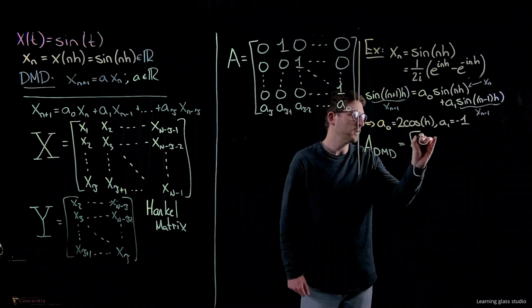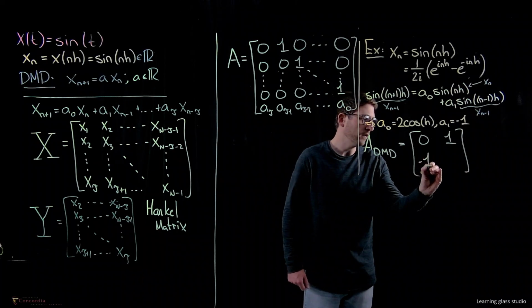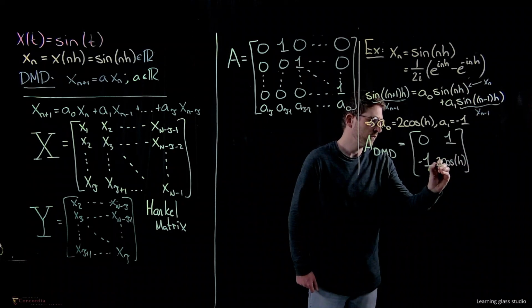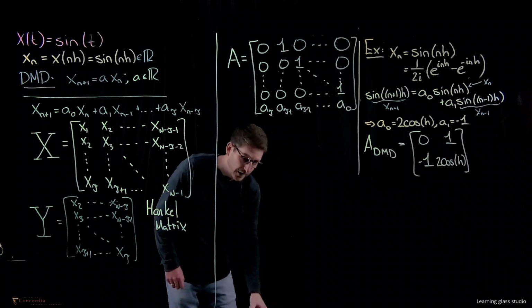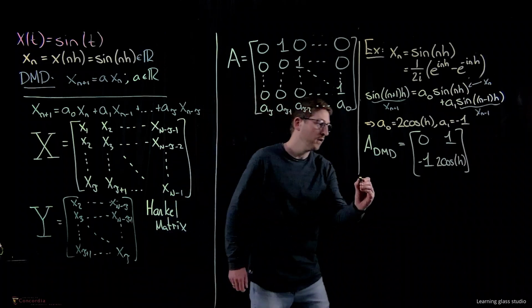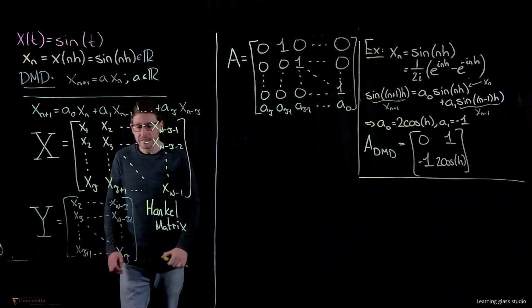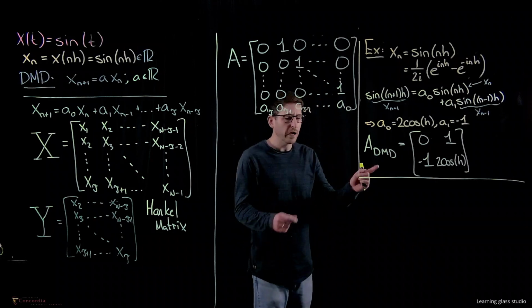It goes 0, 1, and then minus 1, 2 cos of h. The important thing to notice here is it doesn't matter the sampling rate. I can always make this work for any value of h, and I can always reconstruct this signal using a single time delay. Okay, so let's go back to the theory.